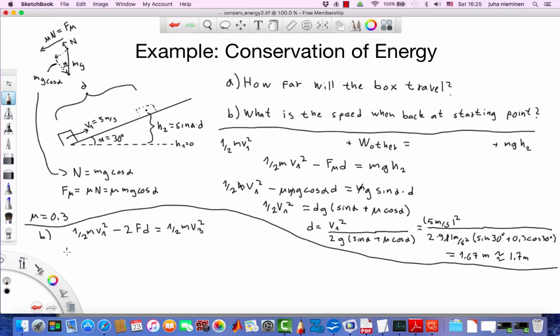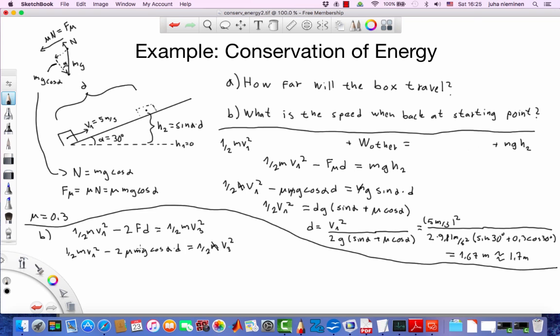So we can write half times m v1 squared minus 2 times F, mu mg cosine alpha d, equals half times m v3 squared.